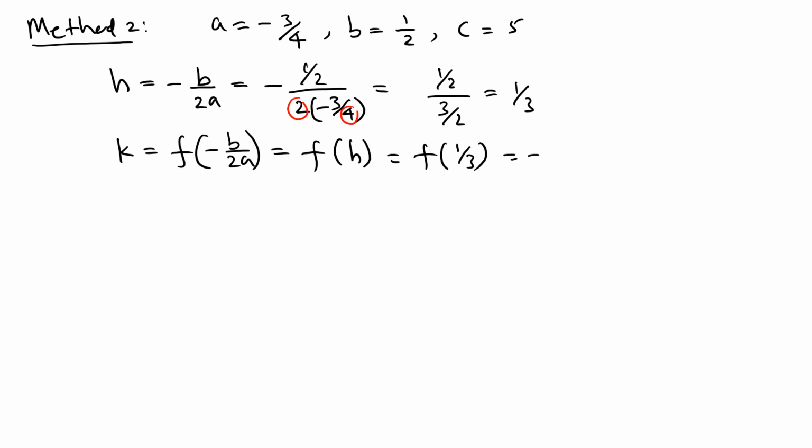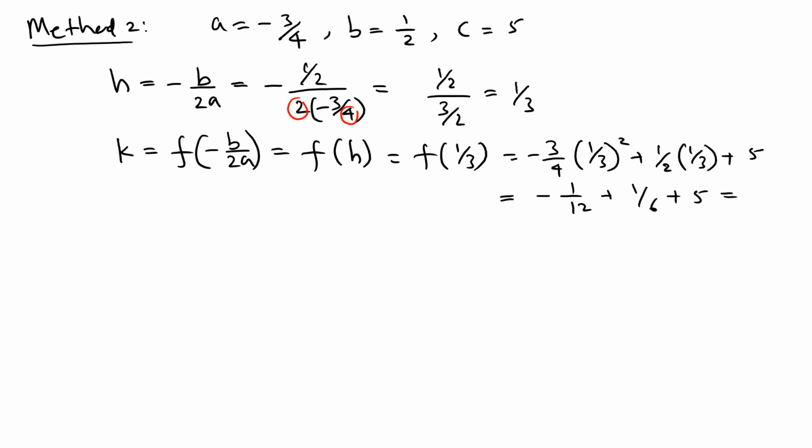You get negative 3/4 times 1/3 squared plus 1/2 times 1/3 plus 5, and this simplifies to negative 1/12 plus 1/6 plus 5, and you can see this ends up being 61/12. Good. So that is the other way to get it, where we just use the formula directly. So what's the formula again? h is simply given by that, k is simply given by this.